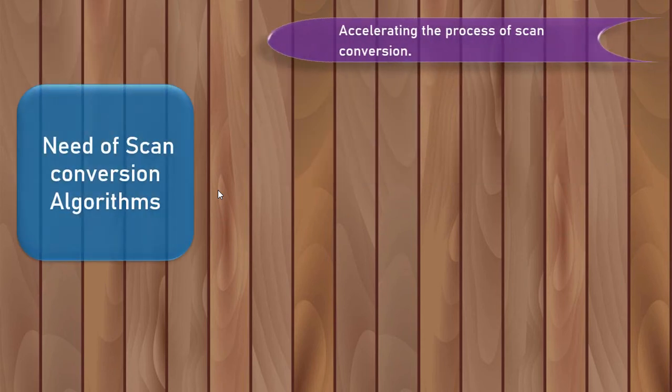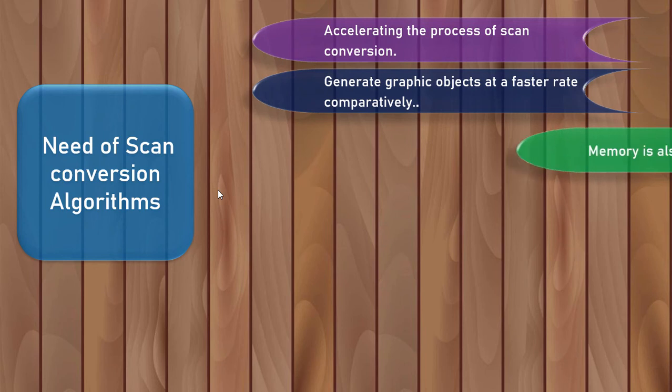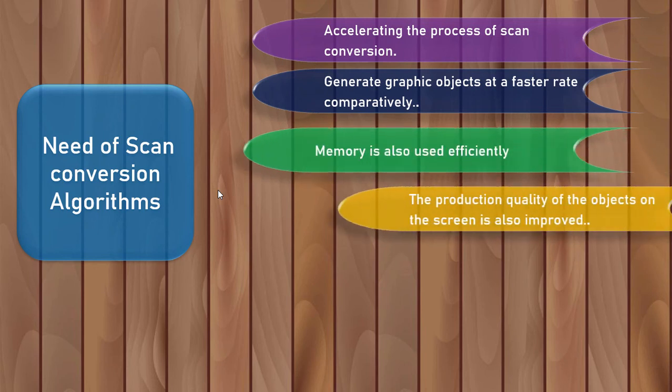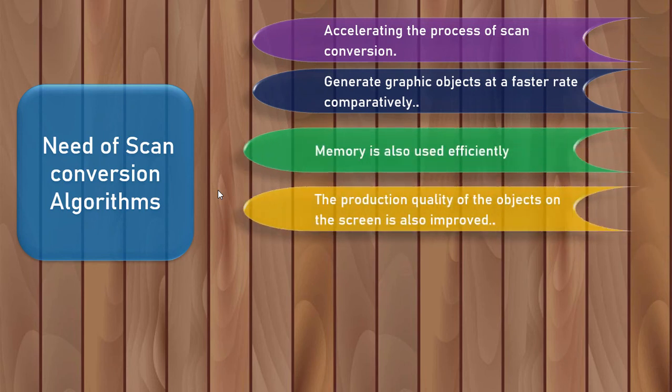Then let us learn why there is a need for scan conversion algorithms. Because they help in accelerating the process of scan conversion. They help to generate graphics objects at a comparatively faster rate. Memory is also used efficiently.